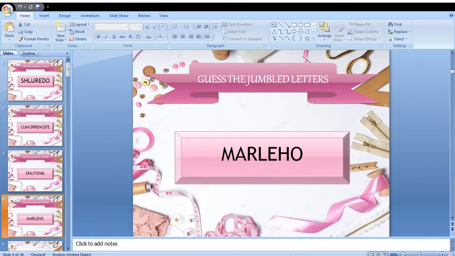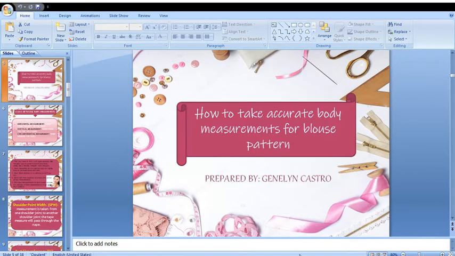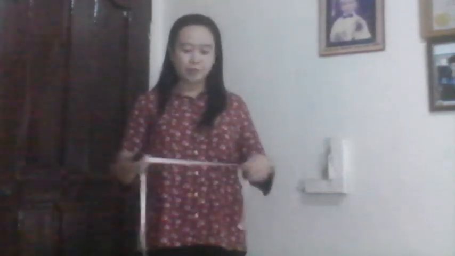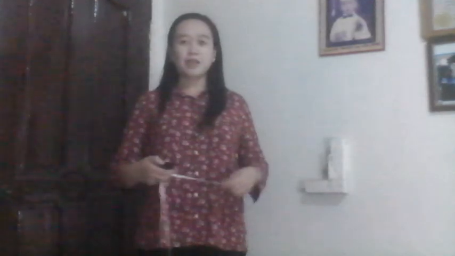Okay. So, before we proceed to our proper lesson, our topic for today is all about how to take accurate body measurements.